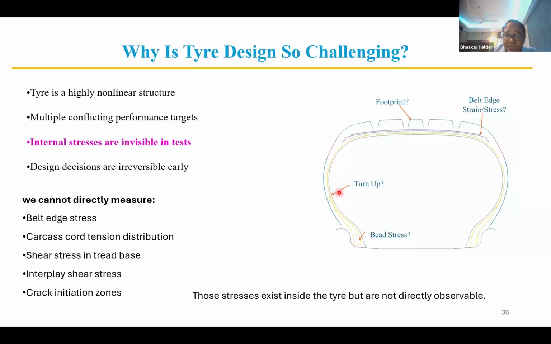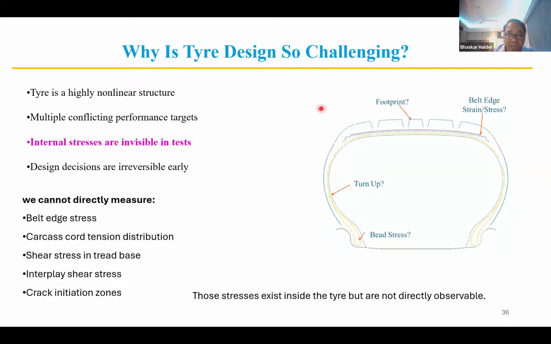Turn up means where the ply ends, and this is a free end. Since it is a moving object, there is some stress concentration at the turn up. We are also fixing the tire with the rim, so there is always an interference between the rim and the tire. Previously it was not possible to understand what was happening inside the tires.